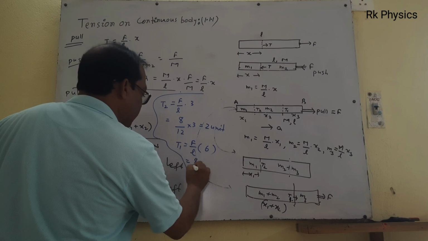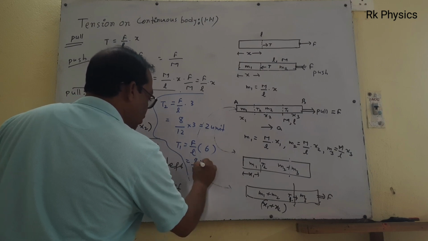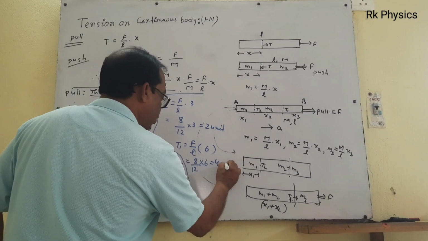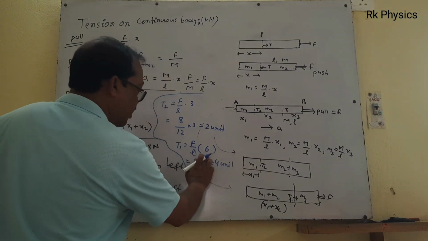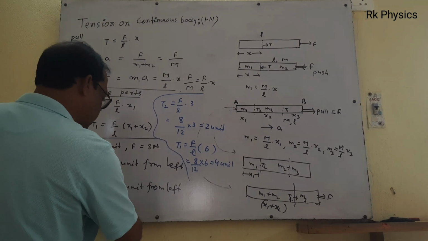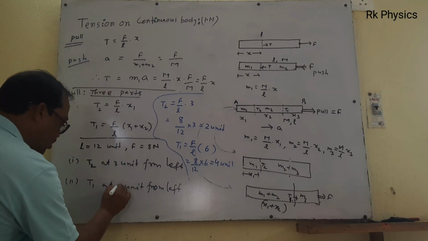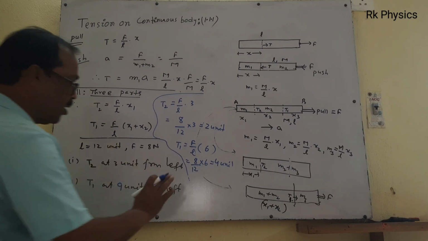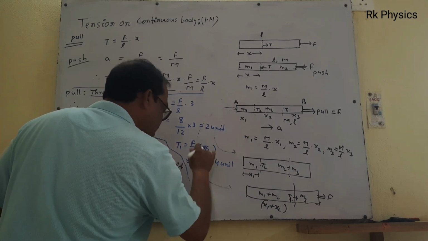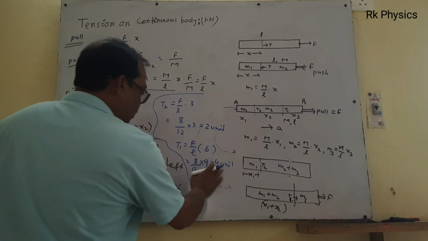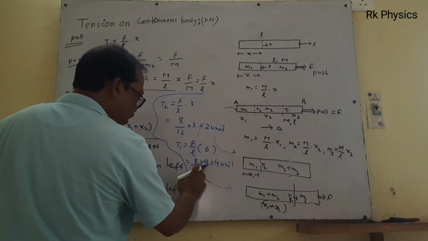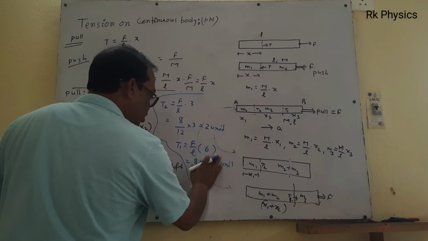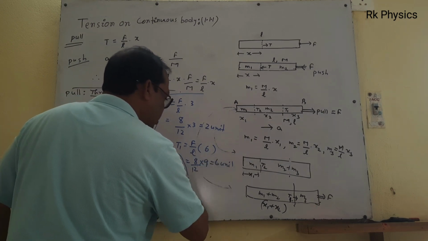F is 8 divided by 12, into 6. Instead of 6 you can take 9, some other digit, since 6 means equal gaps perhaps. So this is 3, 3, 9, and 8 by 12 into 9 gives 6 units.